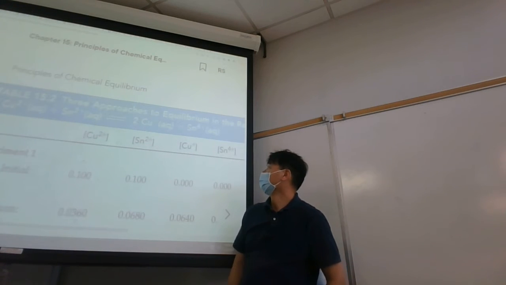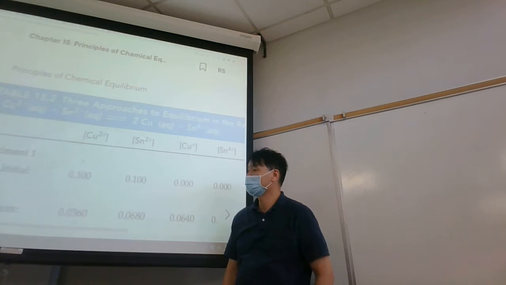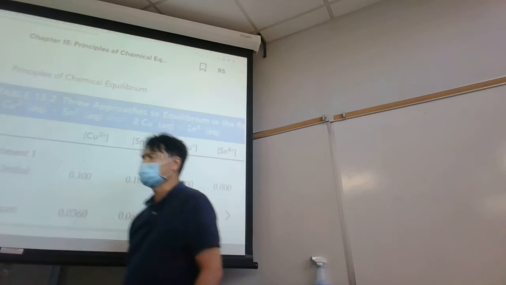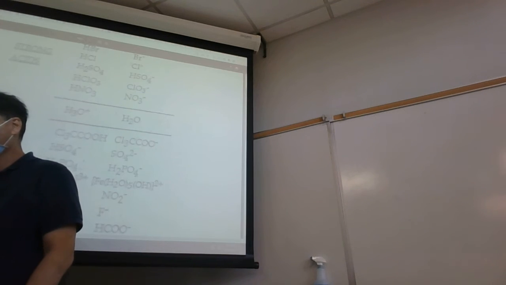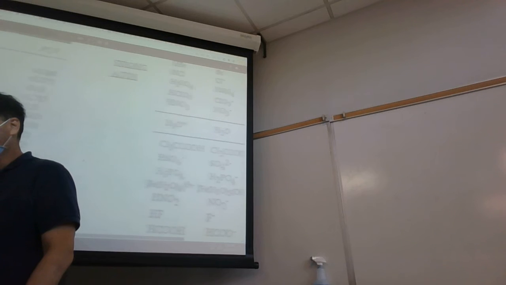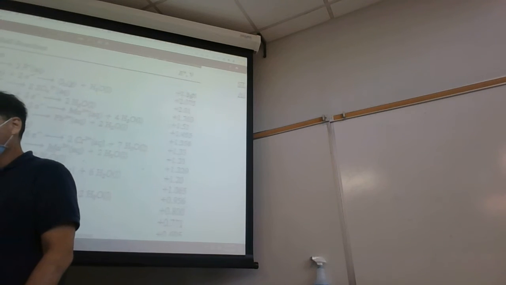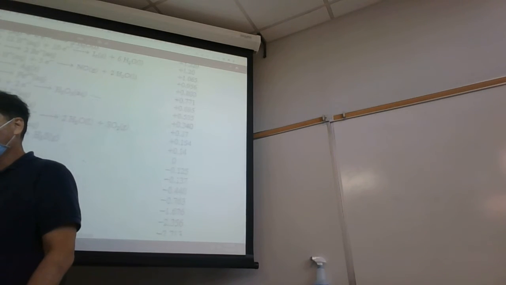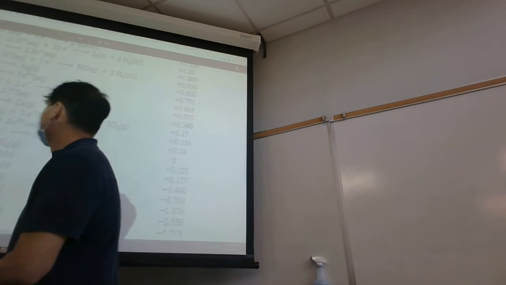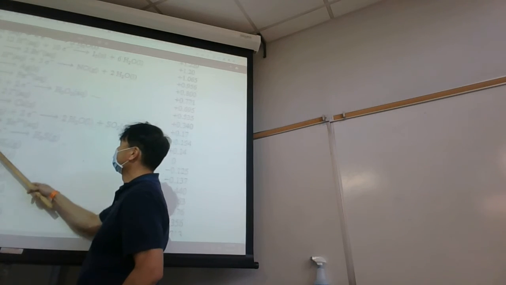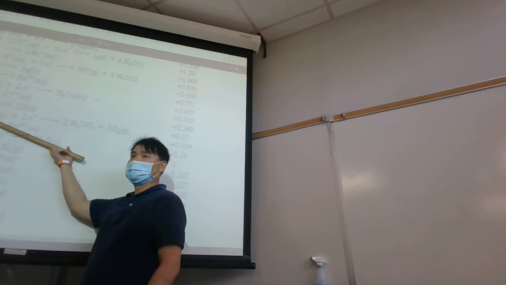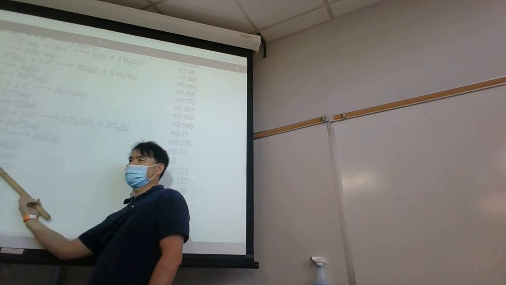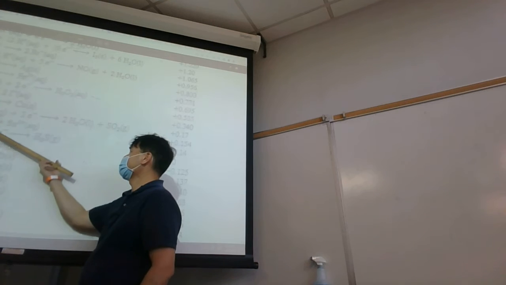That would be Chem 1B stoichiometry, but it turns out that copper 2 and tin 2, let's take a look at copper 2 and tin 2 here. Is that a very steep downhill? That's favorable, right? Is that very steep downhill? No, this isn't.